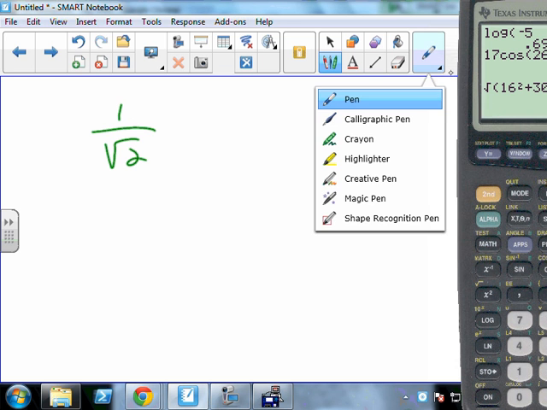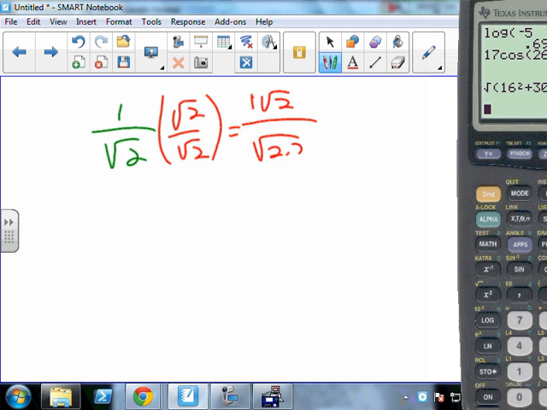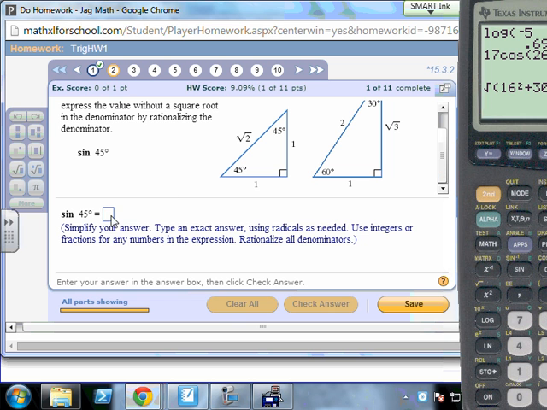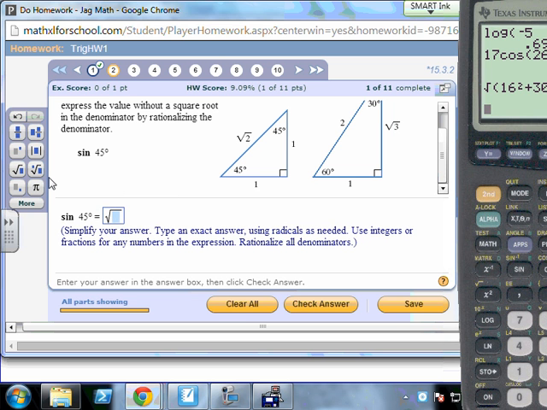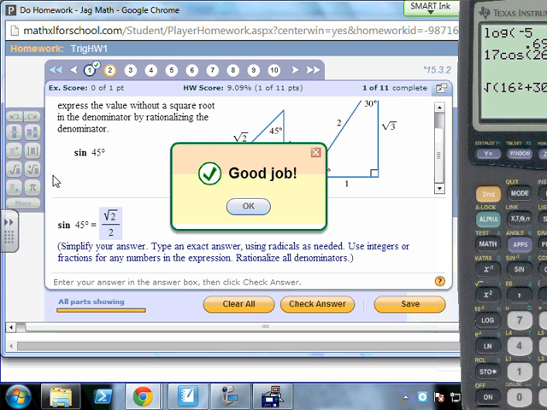So this is where we do this trick where we multiply by rad 2 over rad 2, which gives us rad 2 over rad 2 times 2, which is rad 2 over rad 4, which is rad 2 over 2. That's the way they want that one answered. Rad 2 over 2. How's everybody doing, okay?